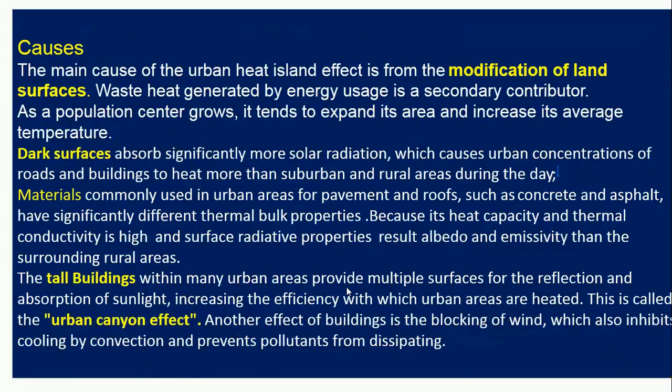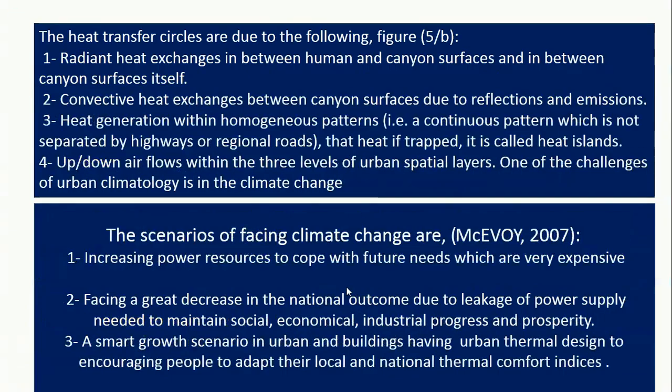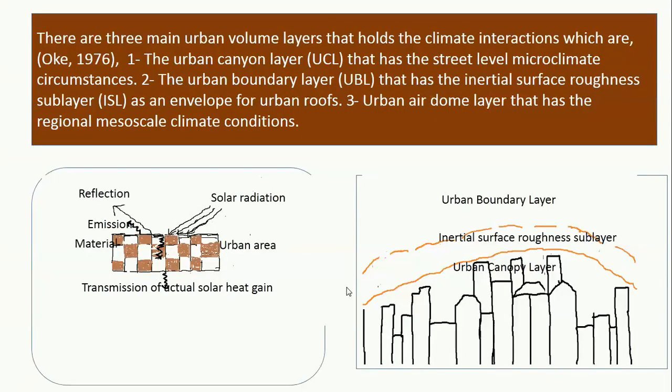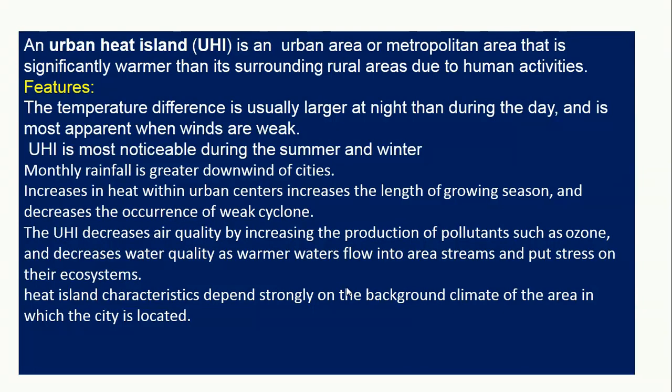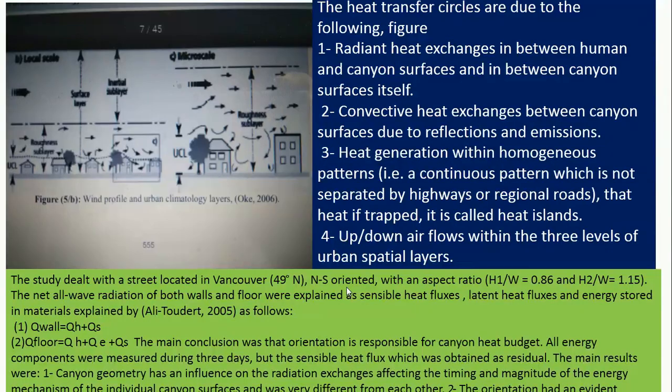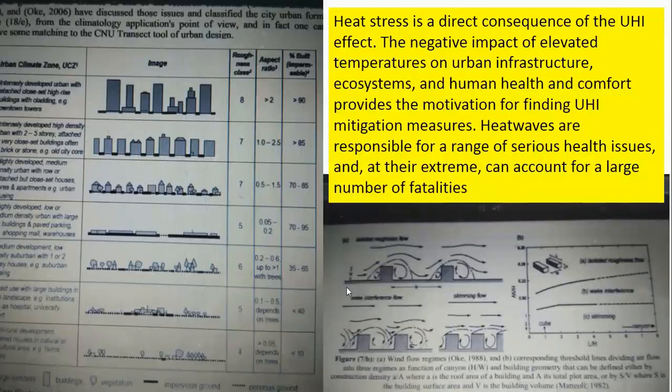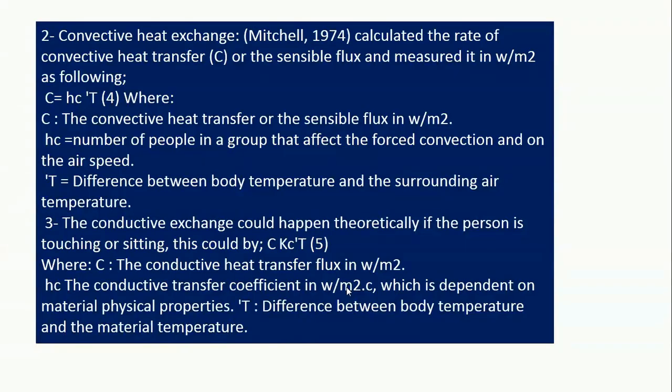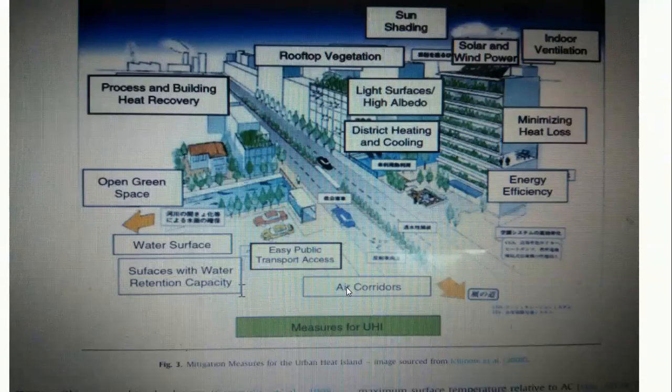How is heat transferred from one layer to another layer, like the urban boundary layer, and how is the microclimate changed? And the scenario of climate change, total climatic change, and health effects, and lastly mitigation. So these are all about the urban heat island. Thank you very much.